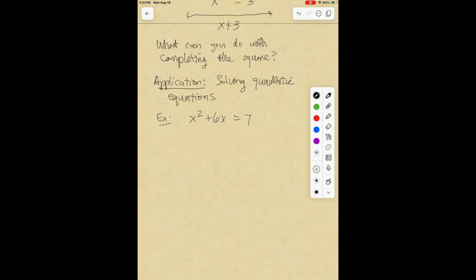Well, if the 7 was a 0, then we don't need to complete the square. We can just factor x squared plus 6x as x times the quantity x plus 6. But we don't have a 0, we have a 7. So what do we do? Well, factoring doesn't work.